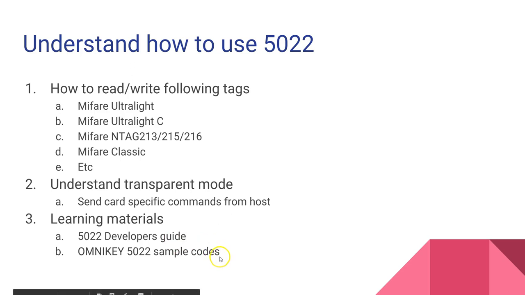And the most important thing, which is very helpful for developers and students, is to get a copy of the sample codes from the OMNIKEY website. If you go to the knowledge base, or probably the download section, you can download the sample codes, and this is going to be really helpful if you want to know how to program 5022.